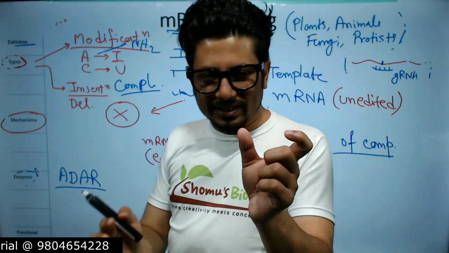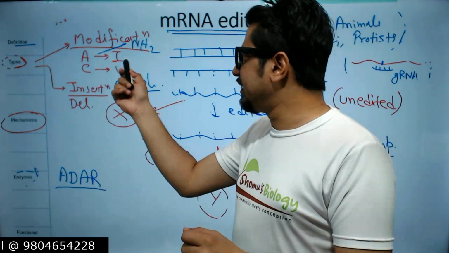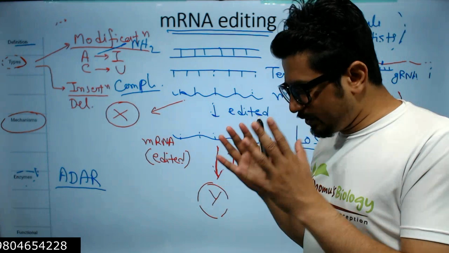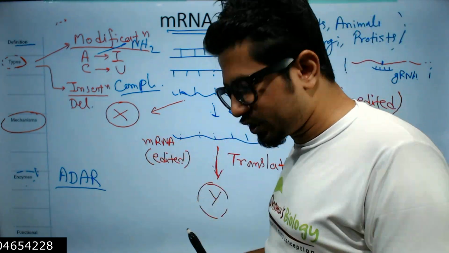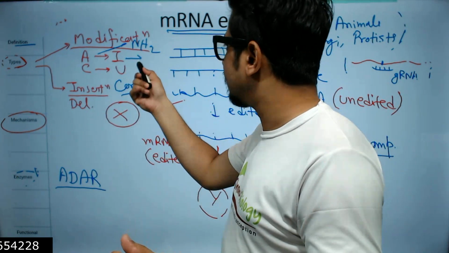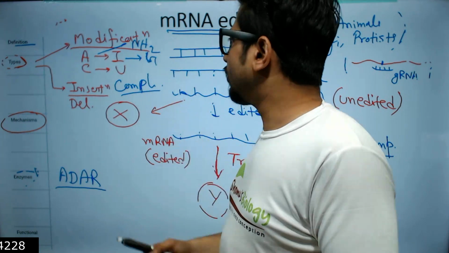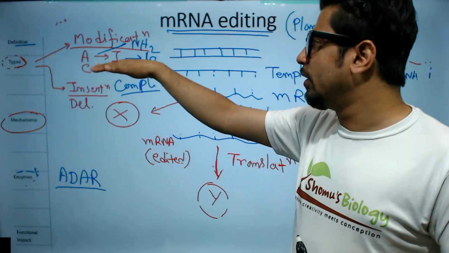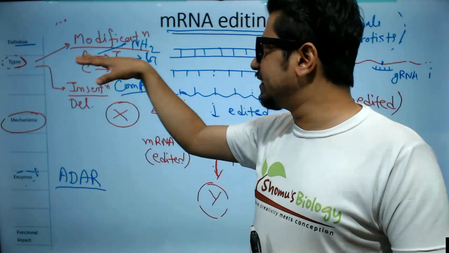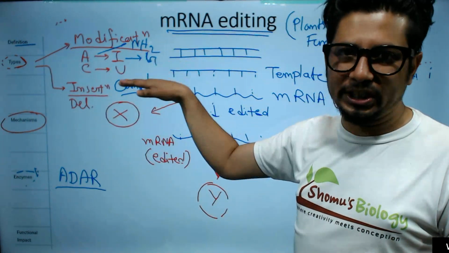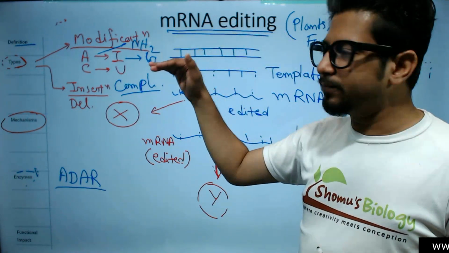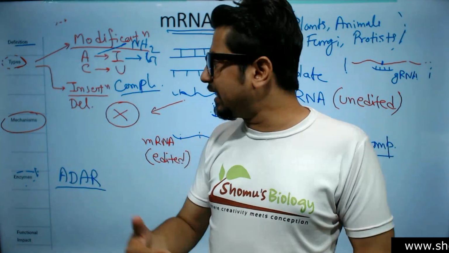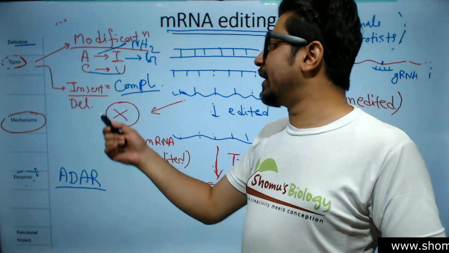The moment adenosine is converted to inosine, this inosine is not a normal base found in the RNA, but once the inosine is present there, during translation the inosine will be read as guanosine. So earlier it was adenosine, but now as the I is inserted, it is read as G. So during translation, a different codon is read. That is one issue with this process.